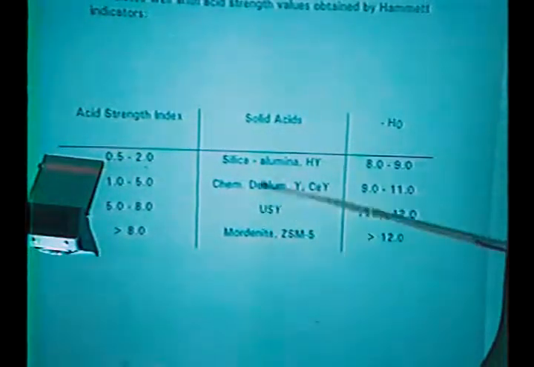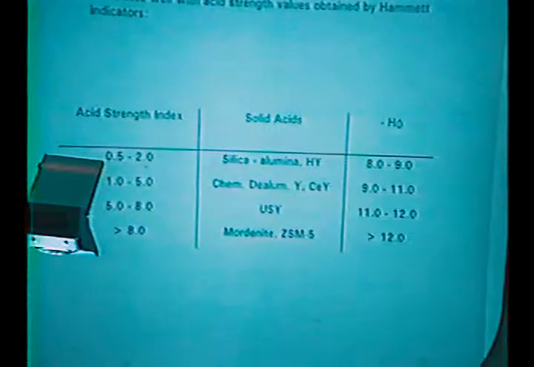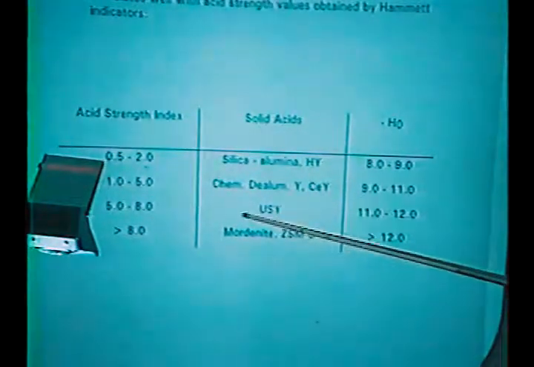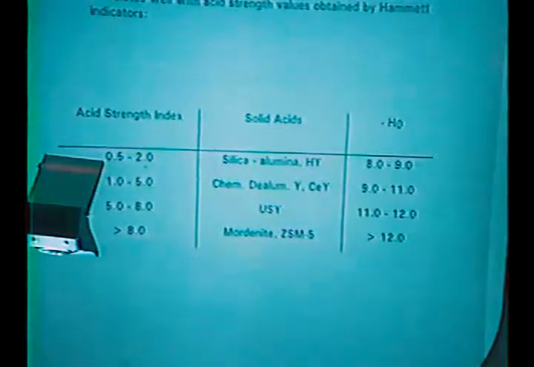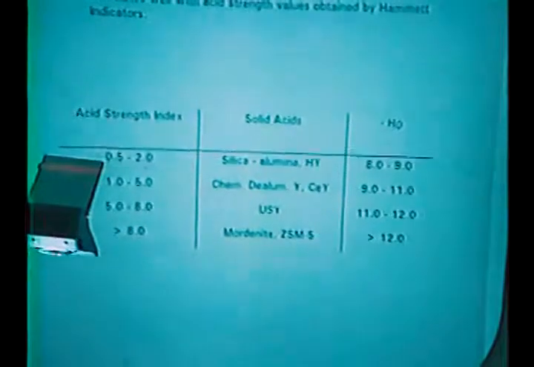But when you go to ultra-stable Y, which really is a severely steamed zeolite, you get the highest acid strength, and then for mordenites and ZSM-5, you even get stronger sites than USY. So that was encouraging.